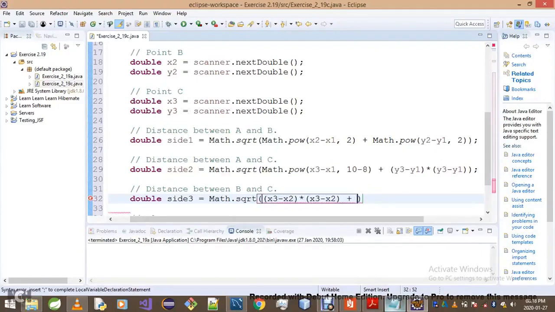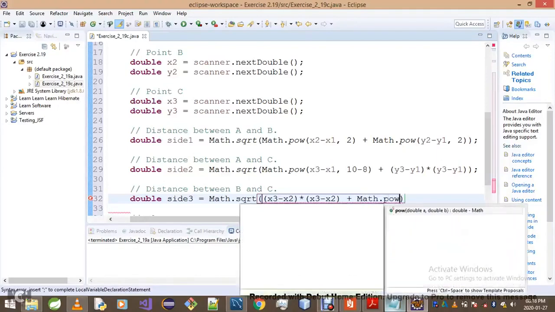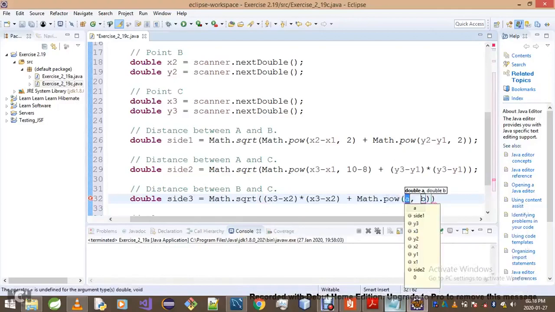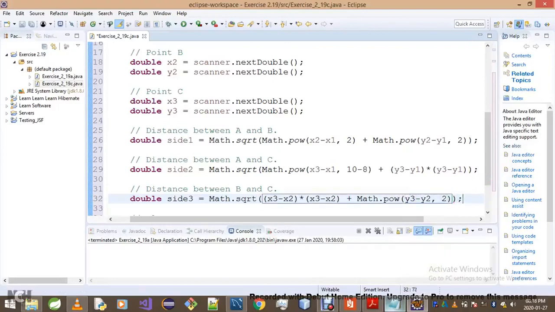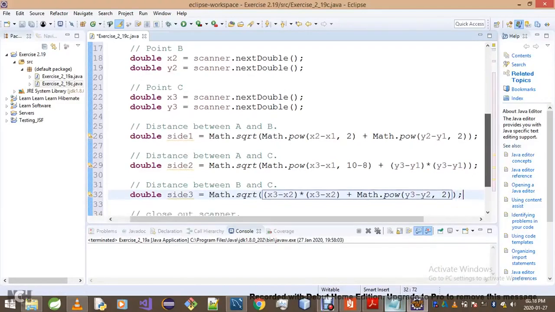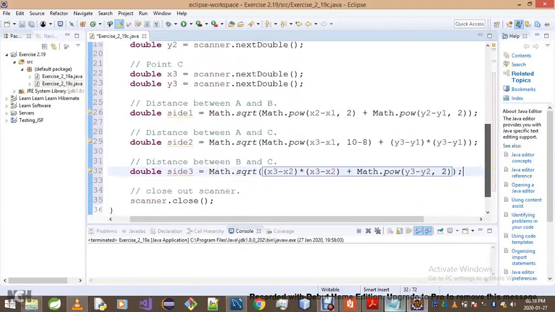What we then do, we just go, and here we put y3 minus y2. y3 minus y2, we square that. Of course, we gotta put a semicolon to end our statement.